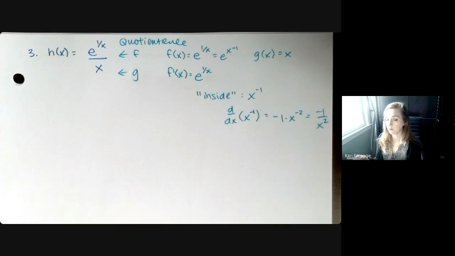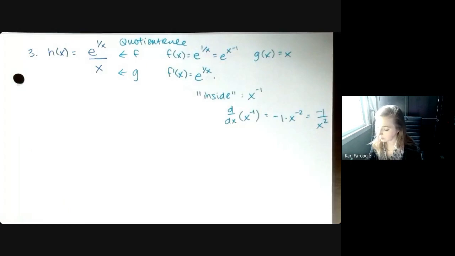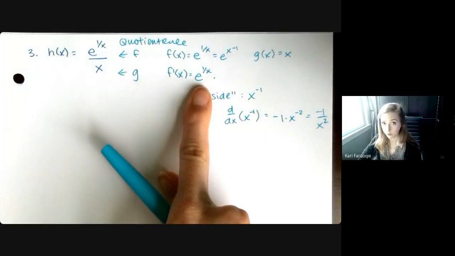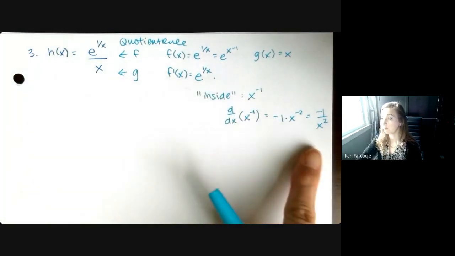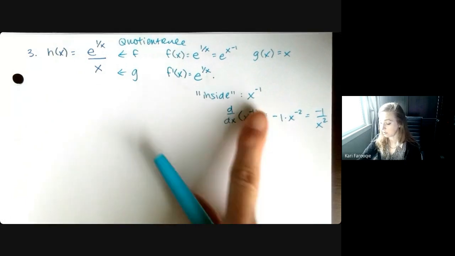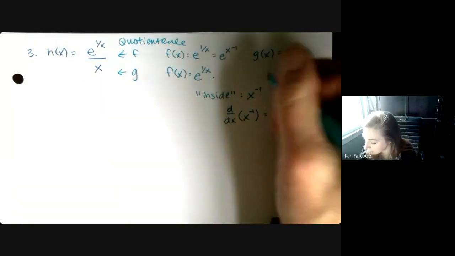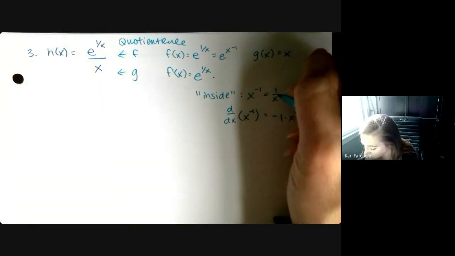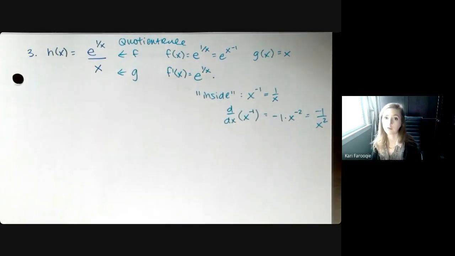So this is what we're going to chain on here for f prime. It's just the original function multiplied by the derivative of the inside function. The inside function is x to the negative first, which is 1 over x. When we take its derivative, we get -1 over x squared.